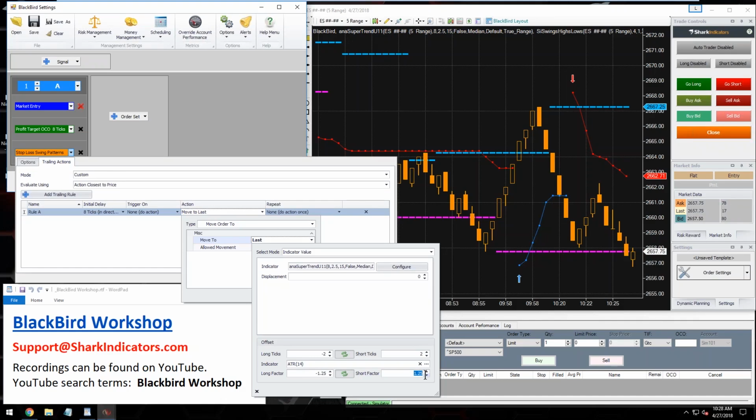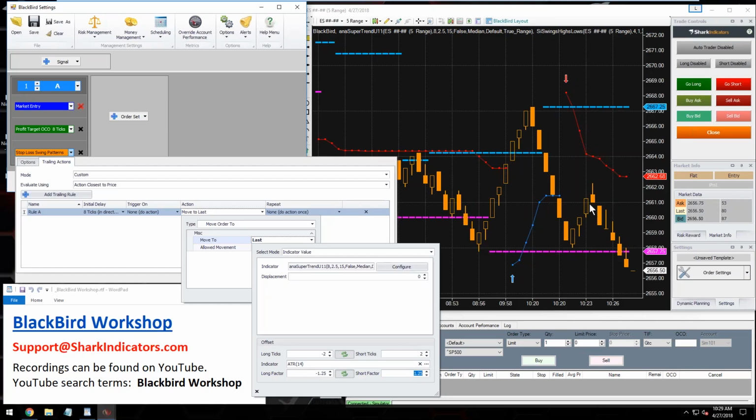We take the ATR and multiply it by 1.25, and you get some kind of value out of that, in points I believe. Whatever that ATR times 1.25 is, you take that and add that as well.